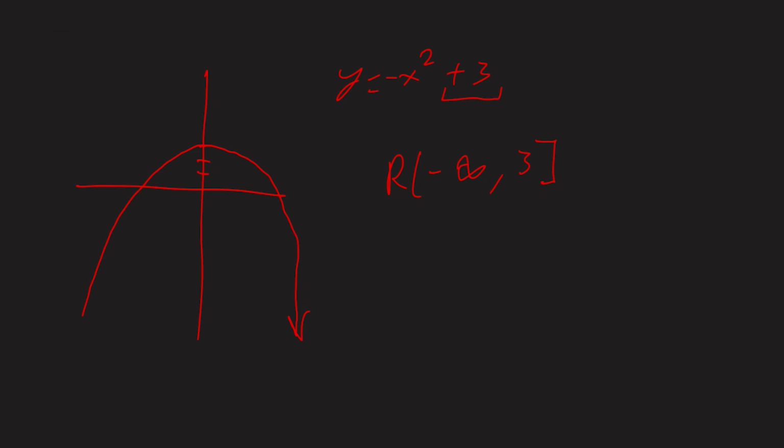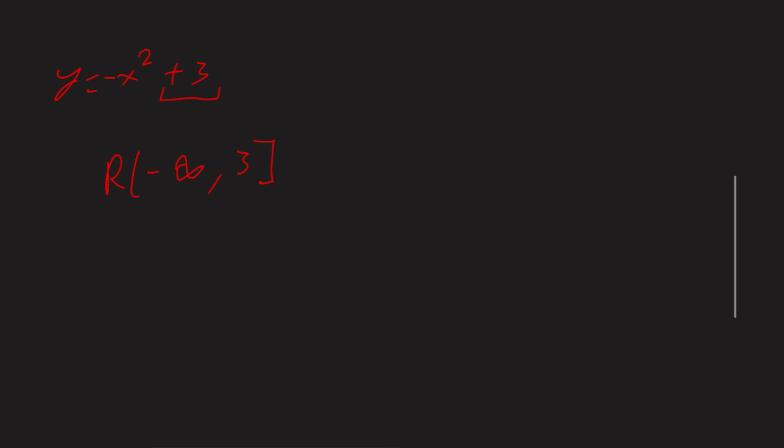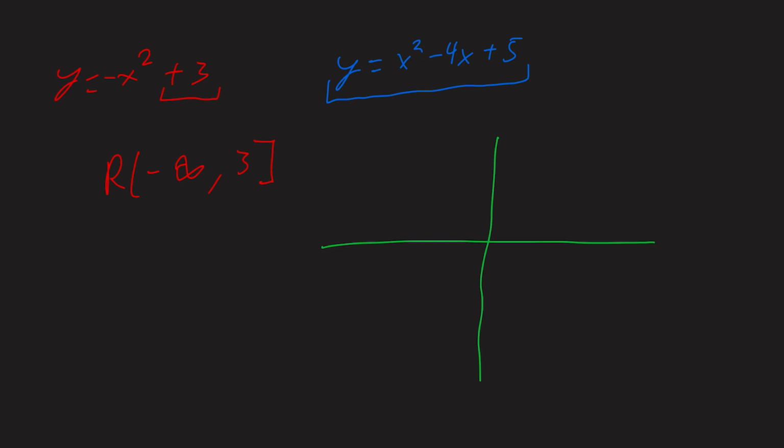Okay? Now, there are more complex forms of parabolas that we can see. For example, let's look at y equals x squared minus 4x plus 5. This is a bit more challenging to think about because it's not immediately obvious what the graph looks like if we try to put it on the coordinate plane. So that's where a very useful equation comes in handy: the equation for the vertex of a parabola.